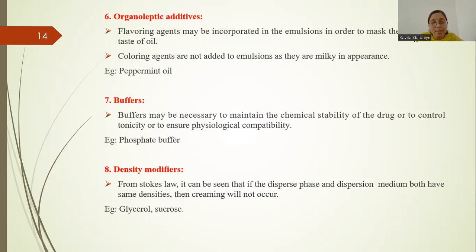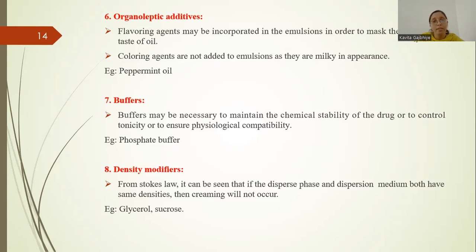To avoid this, we have to maintain similar densities of the dispersed phase as well as the dispersion medium. Therefore, it is necessary to add a density modifier into your emulsion. Examples of density modifiers are glycerol and sucrose.